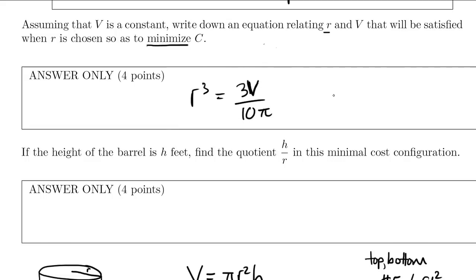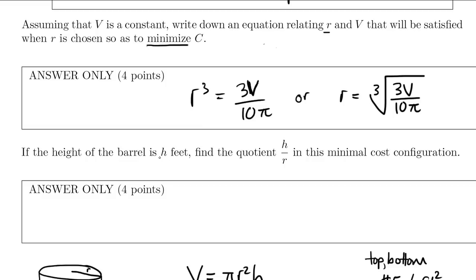But to be on the safe side, in case the teacher is a little bit picky, I could write this as well. Both are the same. This one's a little bit nicer to look at, but this one explicitly solves for r. All right, good enough.